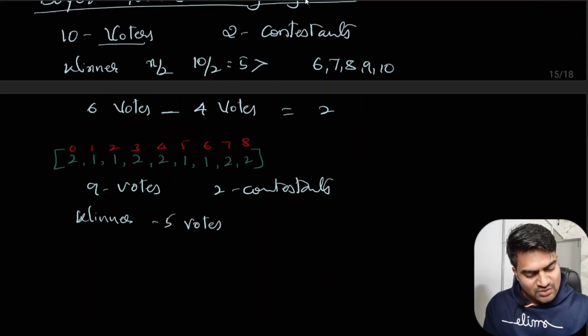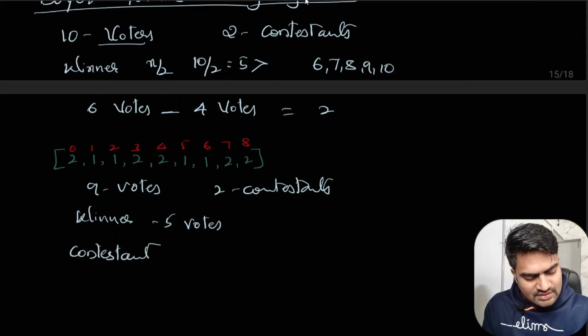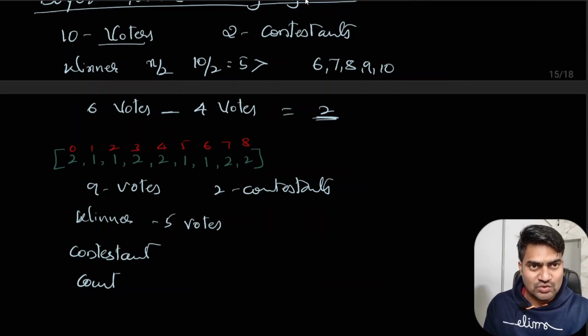Okay. Now I will take a contestant and I will take the count, or you assume it's a difference, because if he has to win, he has to have a difference of 2 votes, correct, right? Now I will keep them empty initially, let the count be 0.